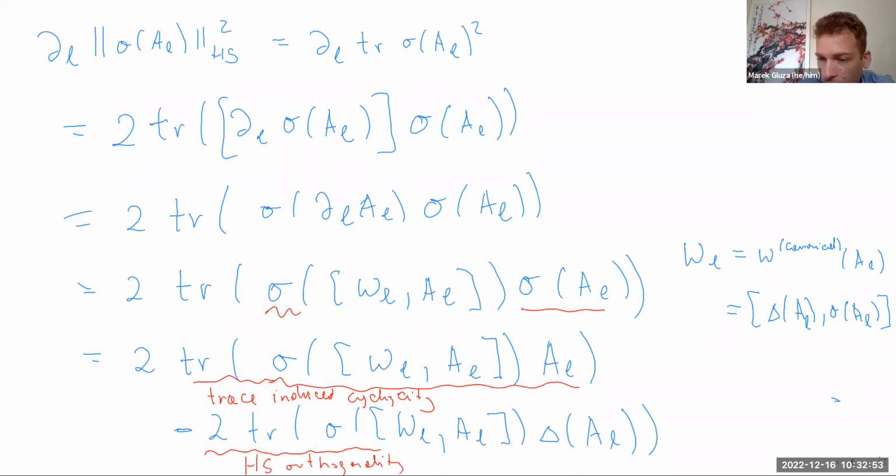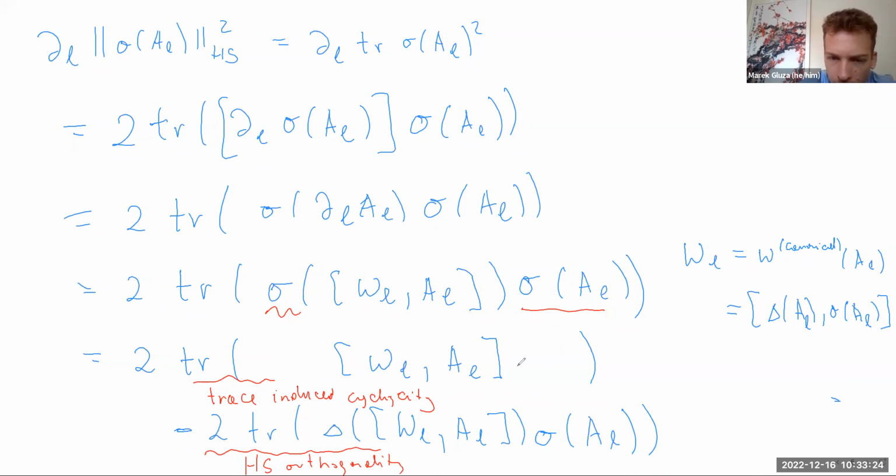Okay, let me do a couple of corrections. So I will have this here. I will keep this here. And in color, I'm correcting sigma, delta applied to the double bracket.